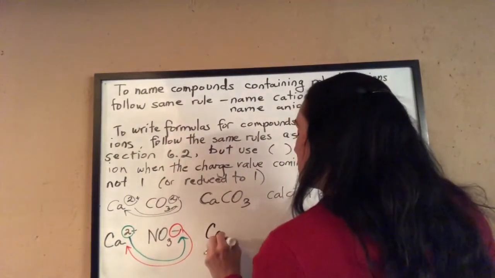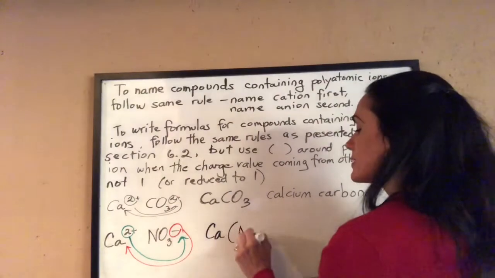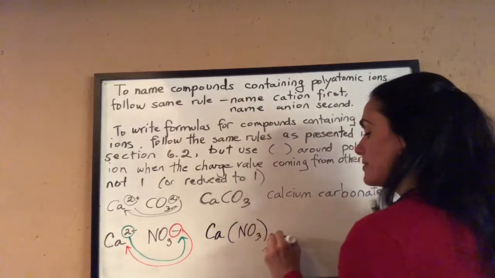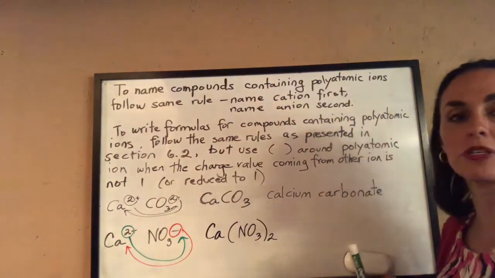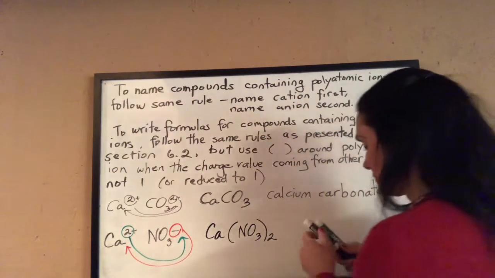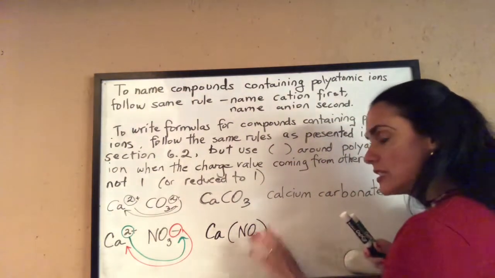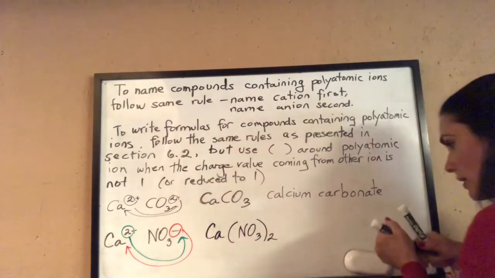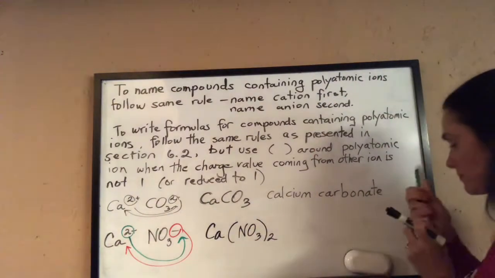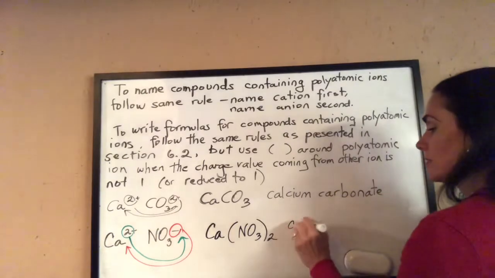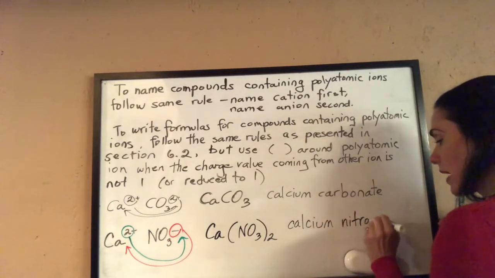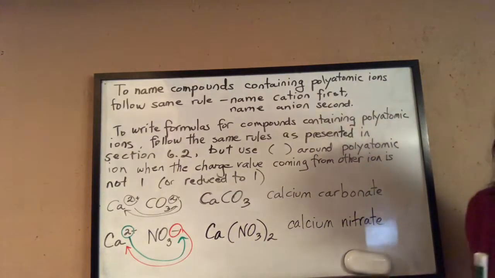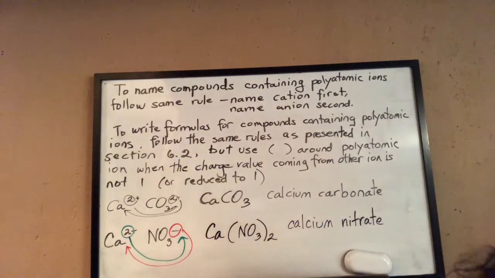You may have already written it down or guessed it on your own. That 2 from the calcium comes as a subscript to the entire nitrate ion. You do not change the existing subscripts that are part of the polyatomic ion; that identifies the polyatomic ion. Calcium nitrate.